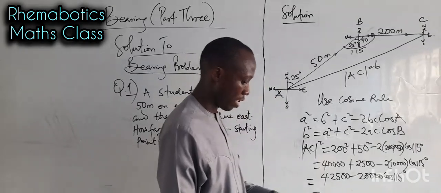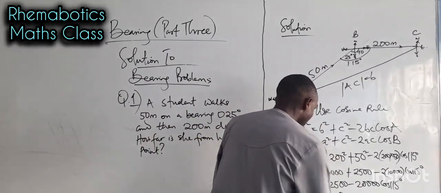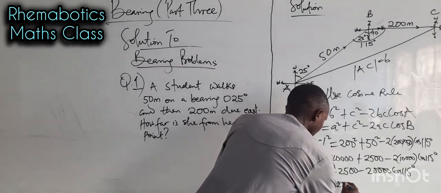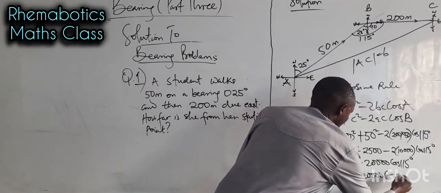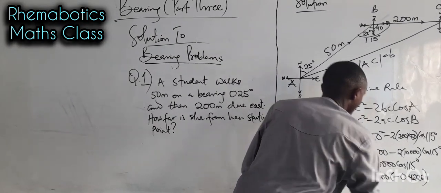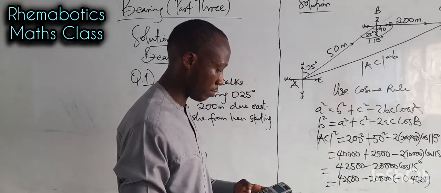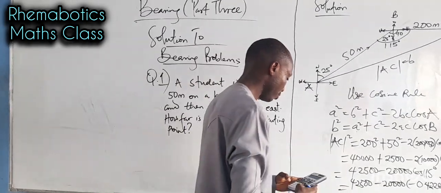Cos 115 is minus 0.4226. So we multiply it by 20,000.